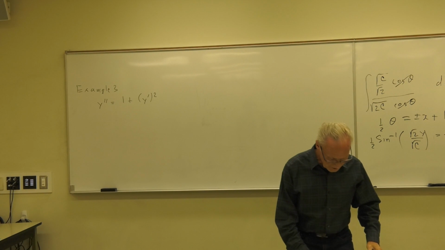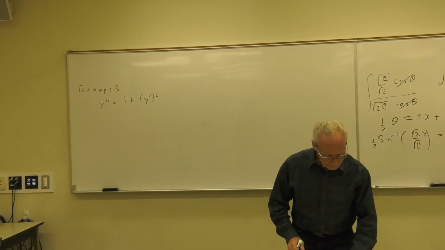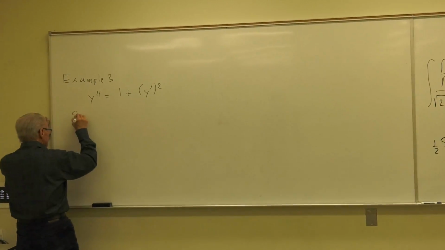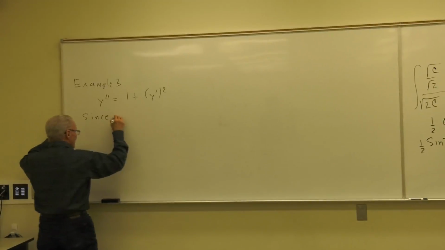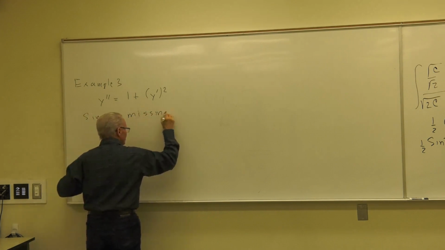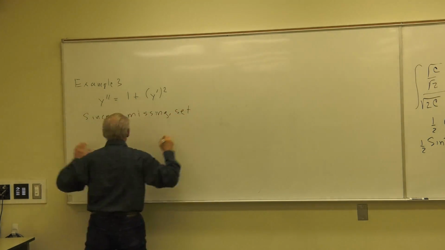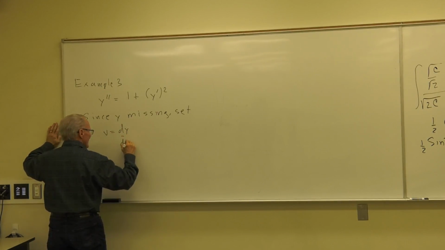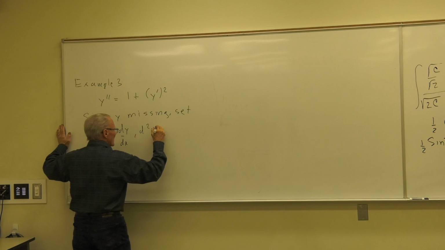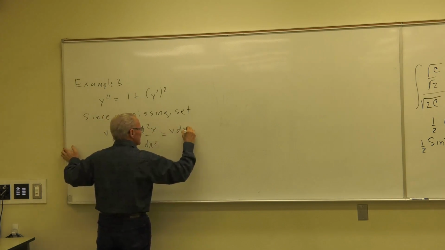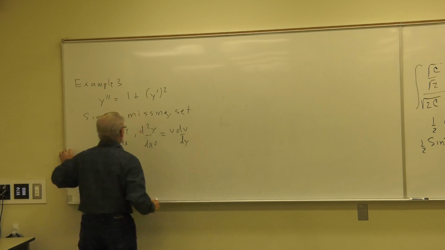So let's try doing first the fact that the y is missing, right? Since y is missing, and that was a type 2, set v equal to dy dx, and recall d squared y dx squared was equal to v dv dy. So we put those in.